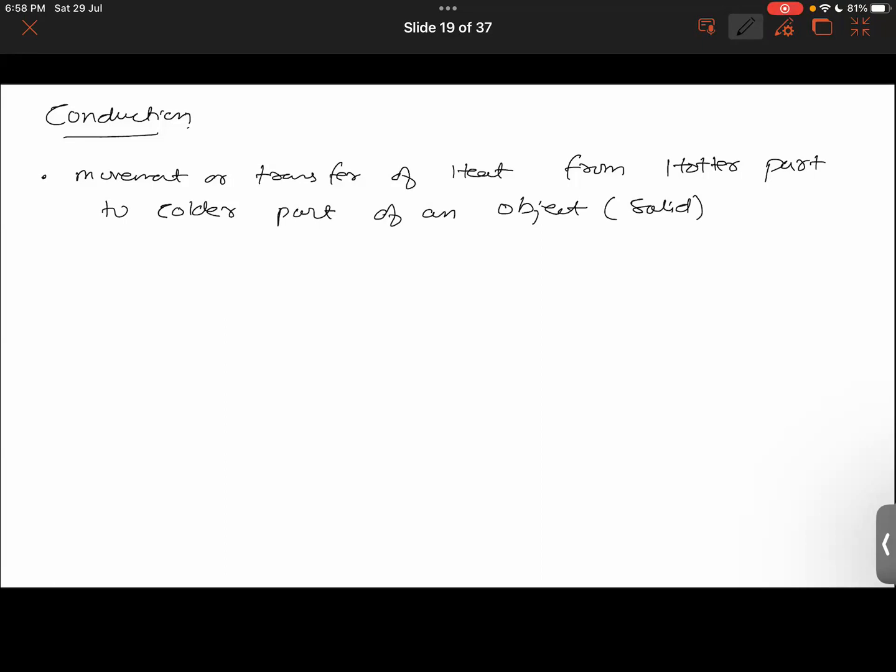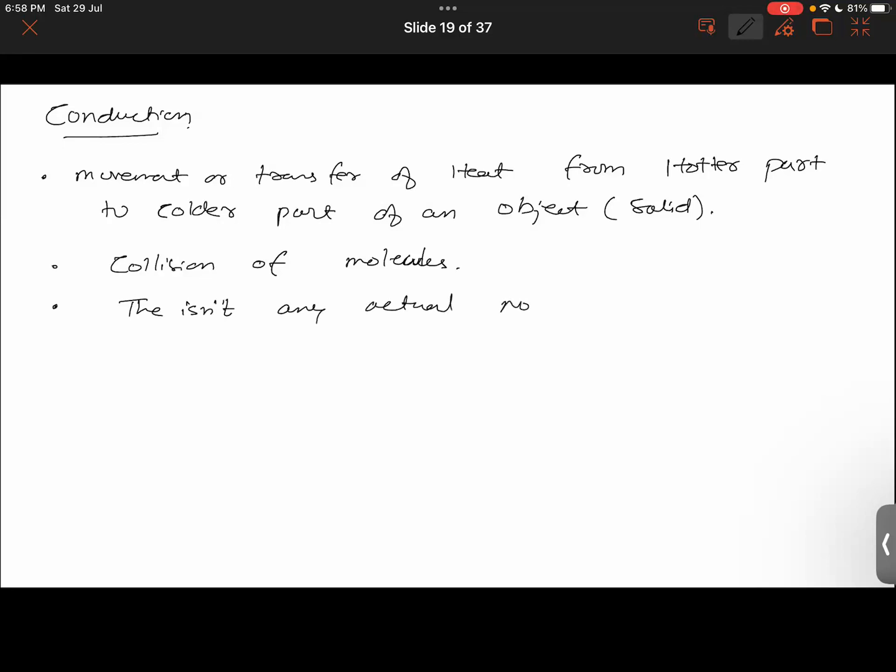So how does transfer of heat take place? Due to collision of molecules. Got it? And do tell me, is there any actual movement of molecules? No, there isn't any.